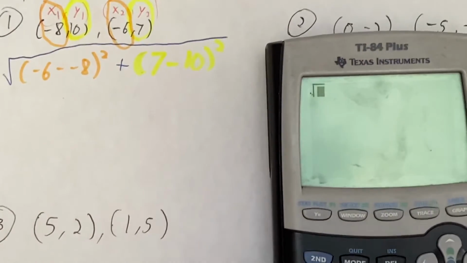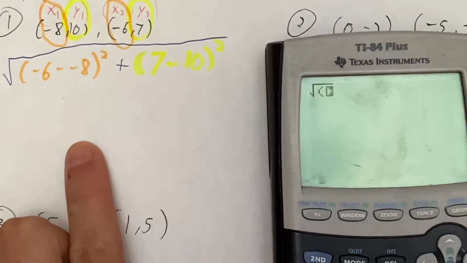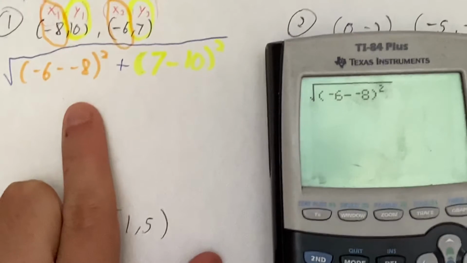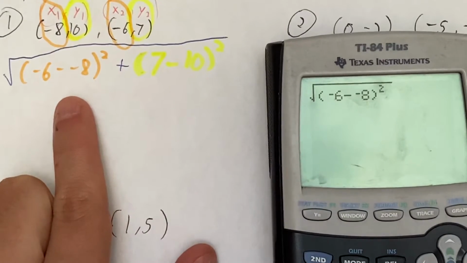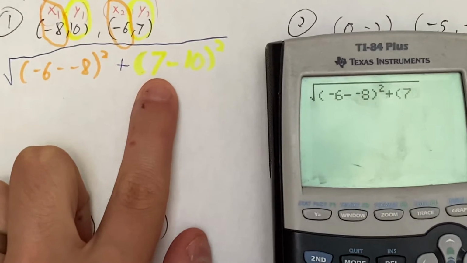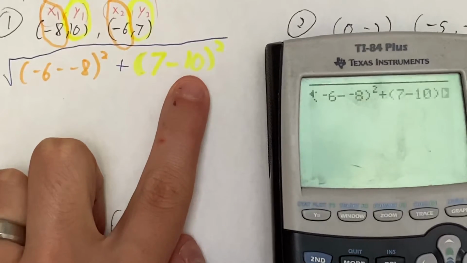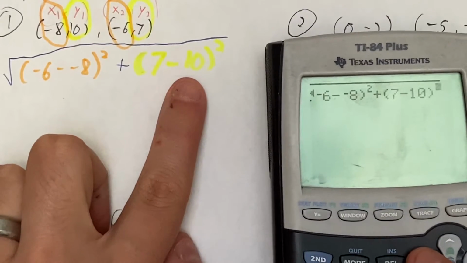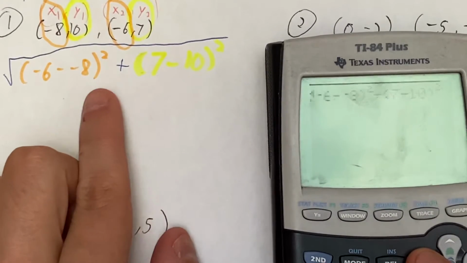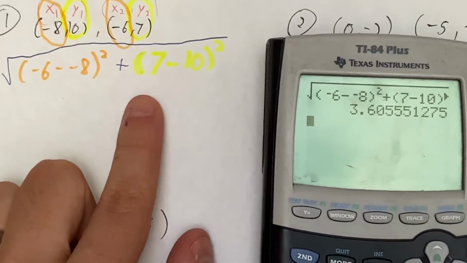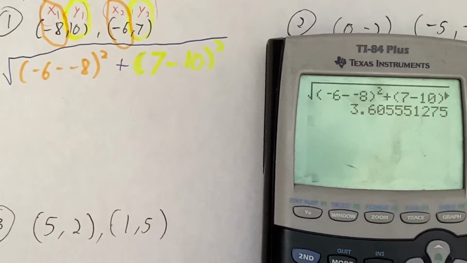Like this, square root, then parentheses -6 minus -8, parentheses squared. So that's like the whole thing in one go. Plus, parentheses 7 minus 10, parentheses squared. And I'm just going to double check that I put in everything right. 7, 10, -6, -8, squared from the square root symbol. I press enter and it says about 3.6. So that would be my answer.